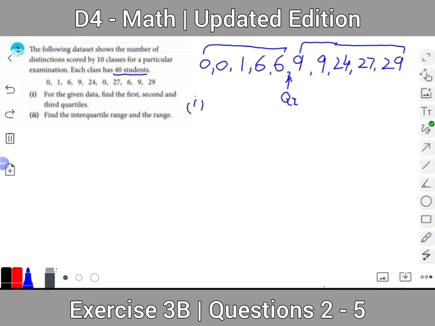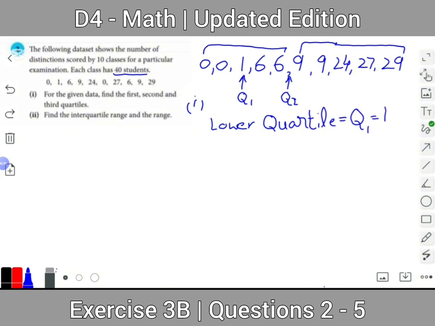So for the lower half, or on the left side of the median, the middle value is Q1, or the lower quartile. So the lower quartile Q1 is equal to 1.